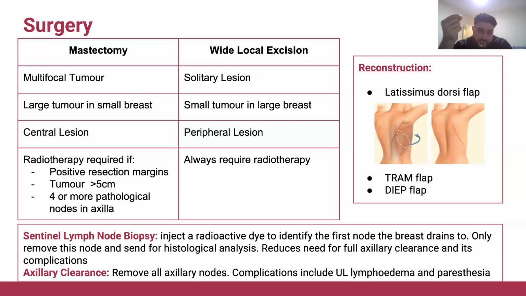Because then that dictates whether you need to do an axillary node clearance, which is basically where you remove all the axillary nodes, so all the lymph nodes in the armpit, to make sure that you can stop any risk of the breast cancer remaining or spreading.